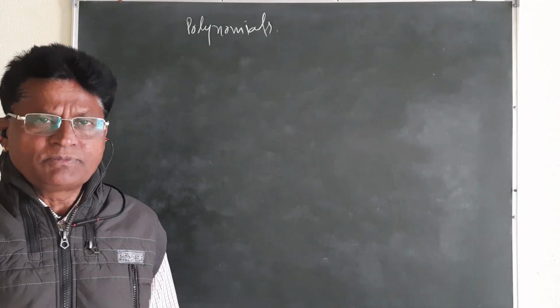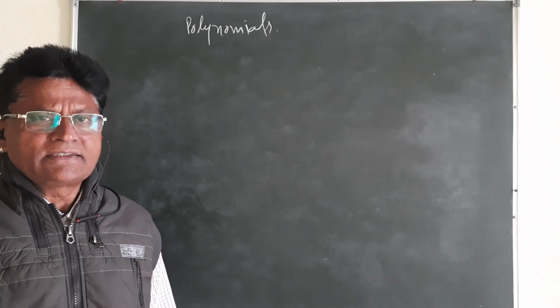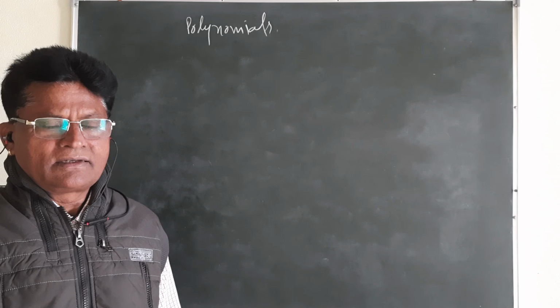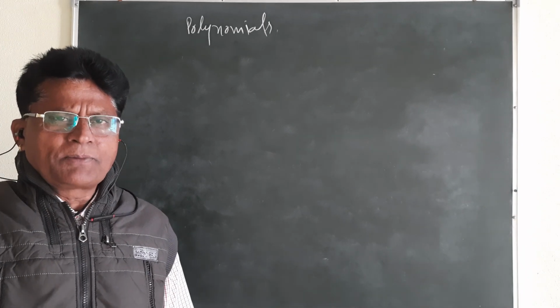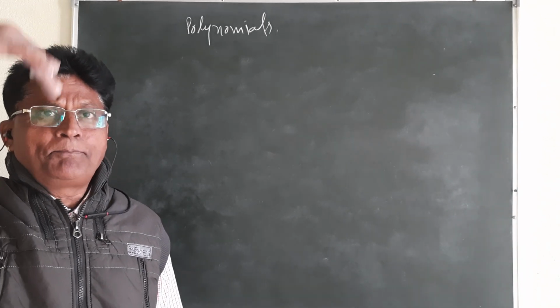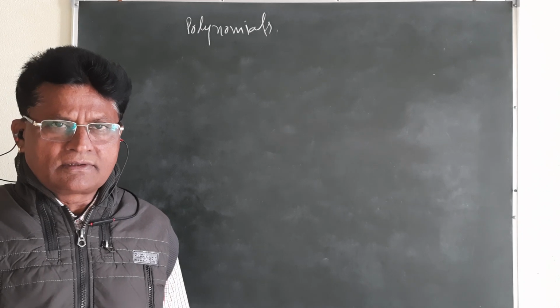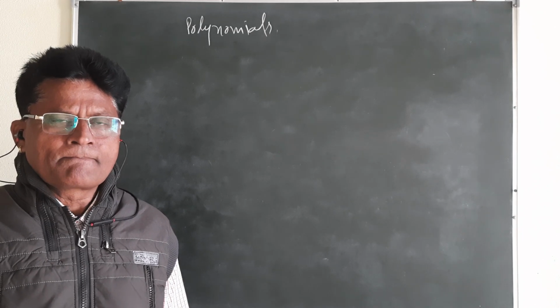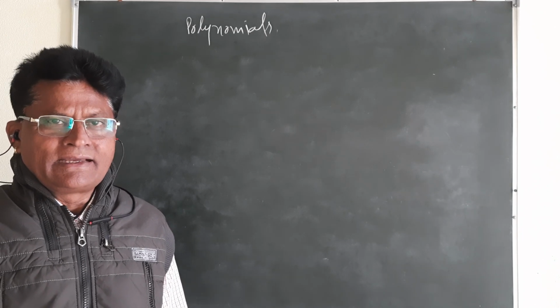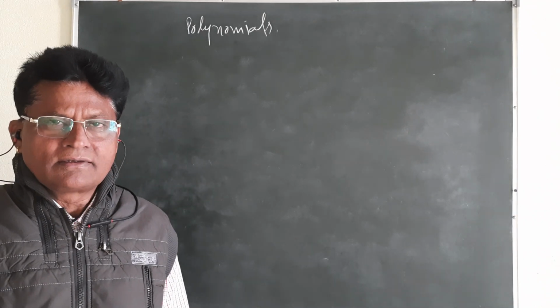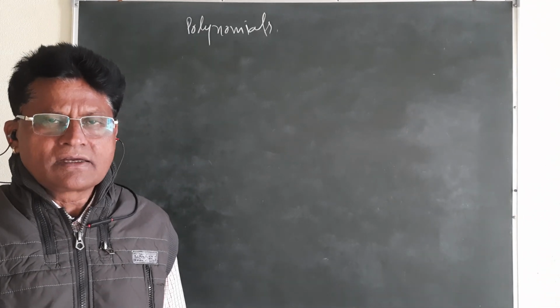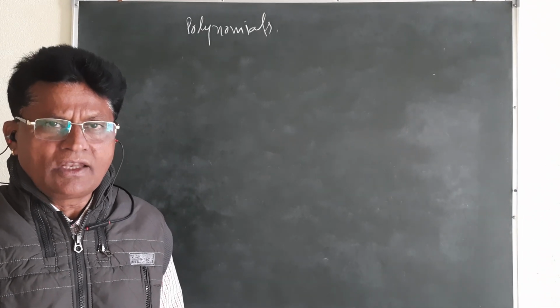What will be the different forms? It may intersect the x-axis at 2 points. It may open upward, or it may open downward, and in that case it may not intersect the x-axis at any point.